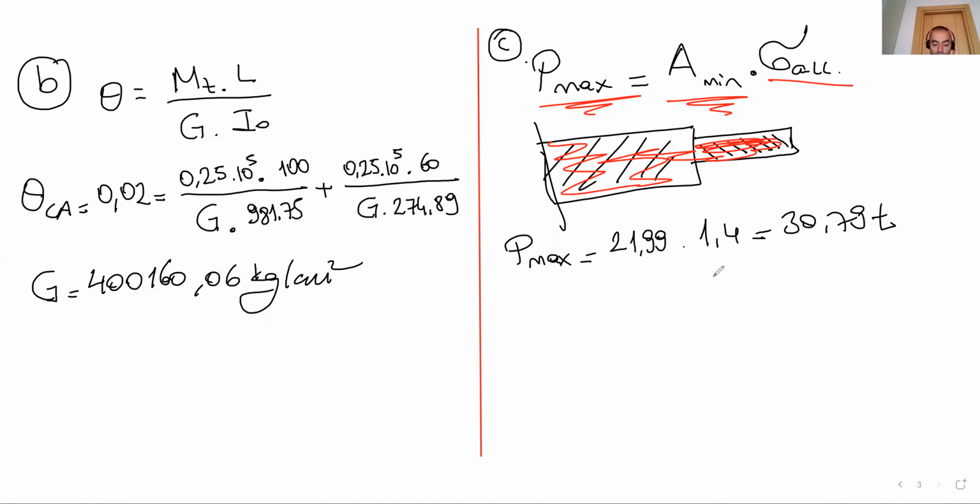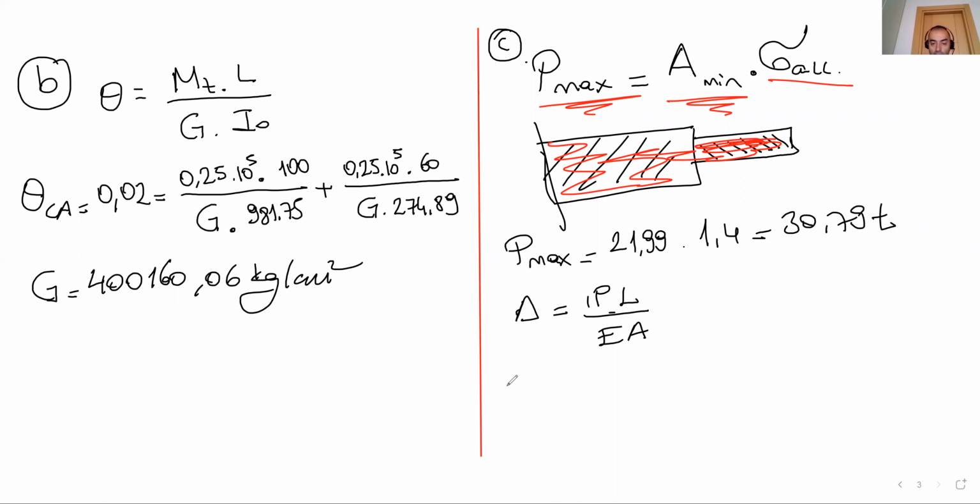So the question is, what is the elongation of the cantilever beam under this P max? Remember the elongation equation is this: axial force times L over EA.